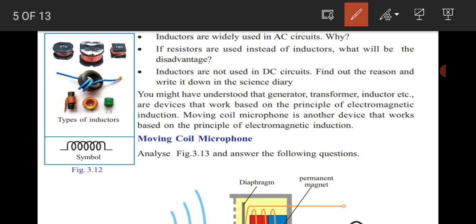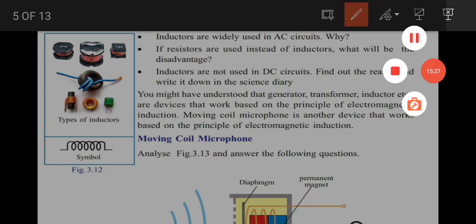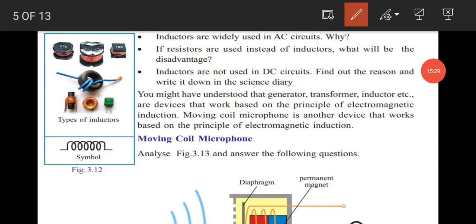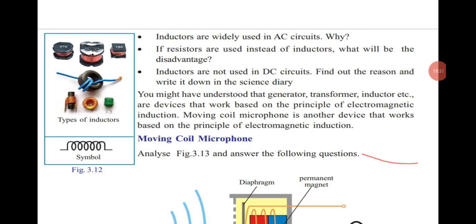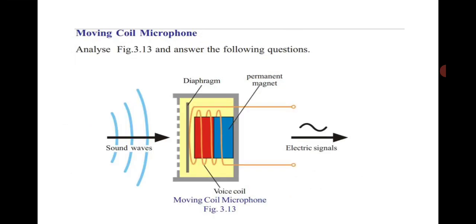Okay, so you might have understood the generator, transformer, inductor, etc. are the devices that work based on the principle of electromagnetic induction. Moving coil microphone is another device that works based on electromagnetic induction. Let us discuss what is moving coil microphone. This is moving coil microphone.